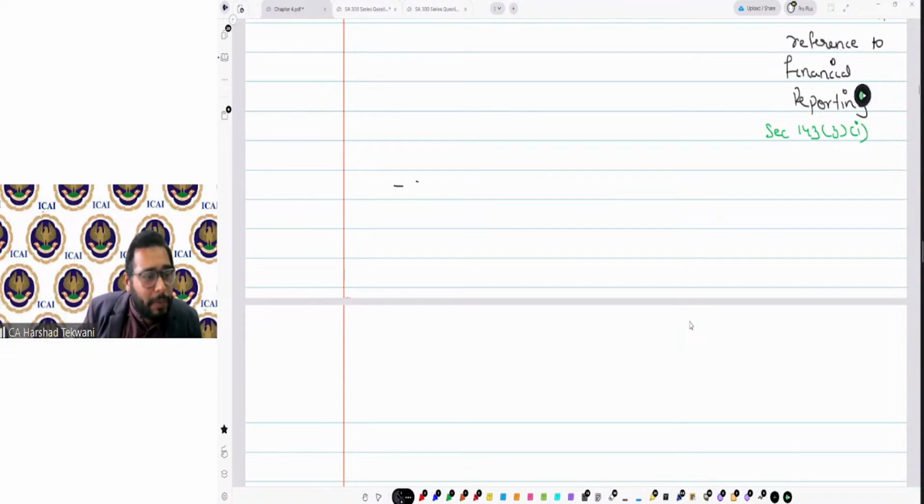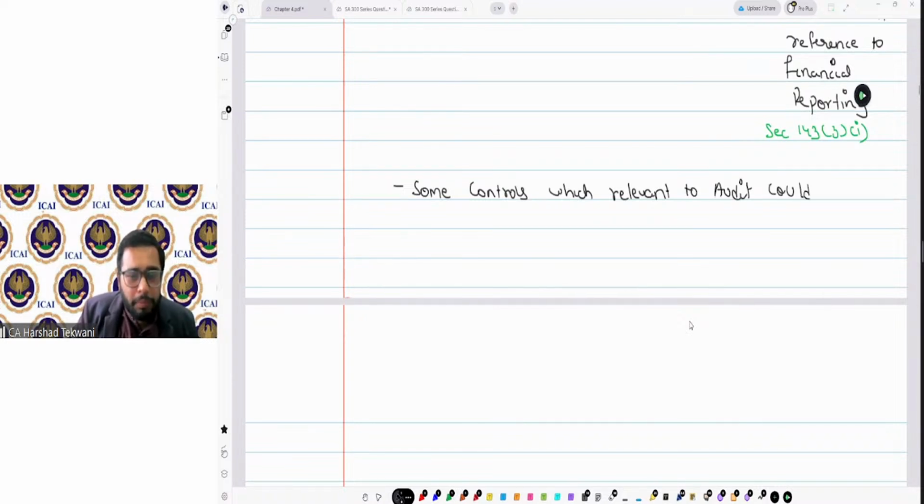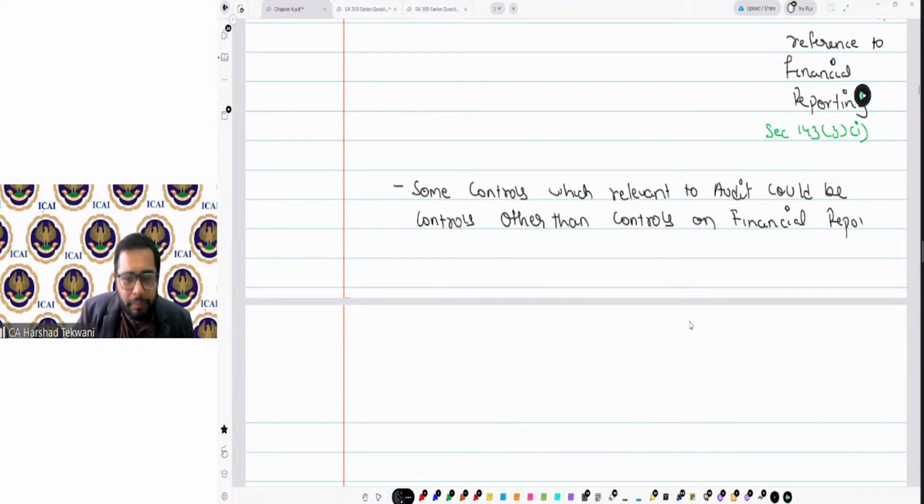It could be a scenario that some controls which are relevant to audit could be controls other than controls on the financial reporting part, or the other way around.